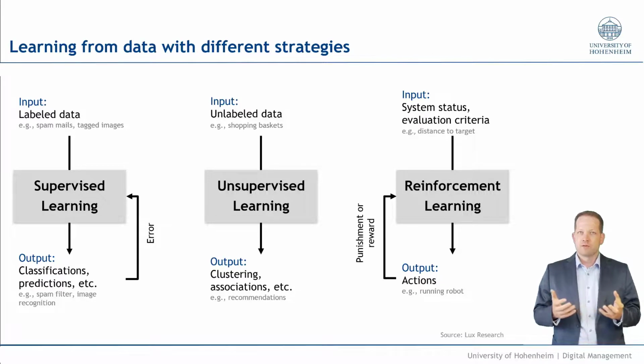And again, you have an algorithm, and there are many different algorithms you could use here for reinforcement learning. And then the output is actions, for example, a running robot. And then it gets feedback, the punishment or the reward I talked about before. And this reinforces or lessens the behavior the system had, and thereby over time leads to reinforcement learning.